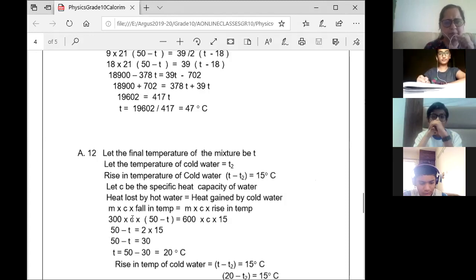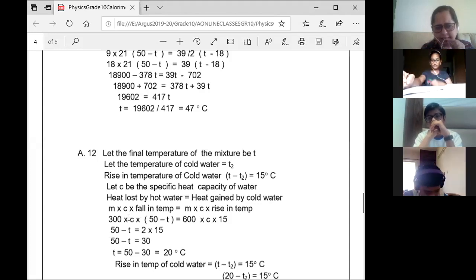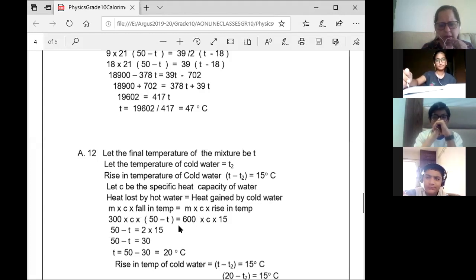Specific heat capacity, both are water. So I'm not putting the value of C, because both left hand side and right hand side are water, so this C and this C will get cancelled. So there is no need of the specific heat capacity at all.